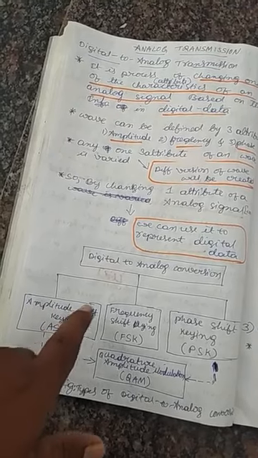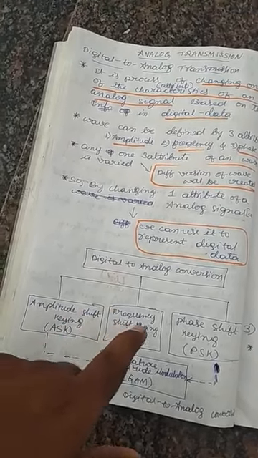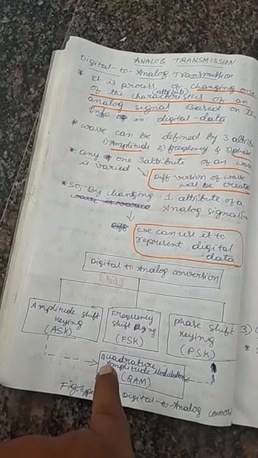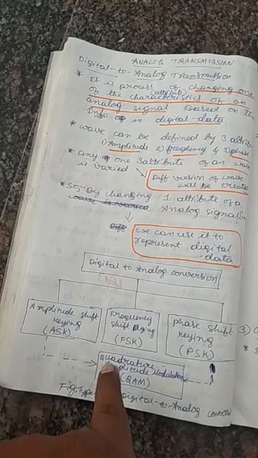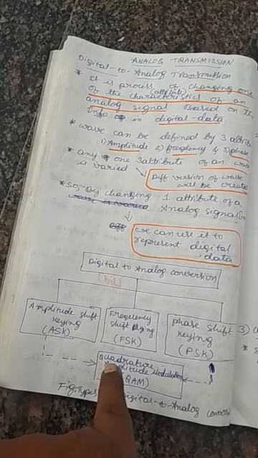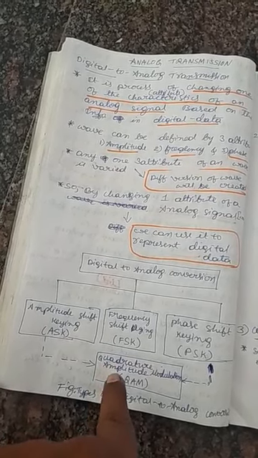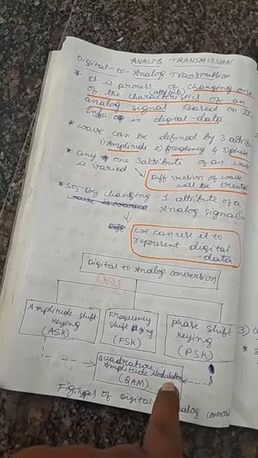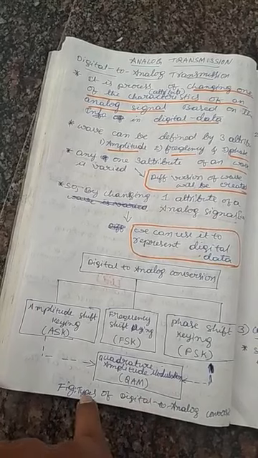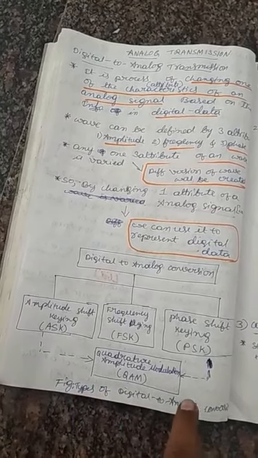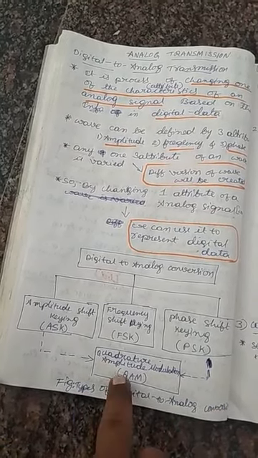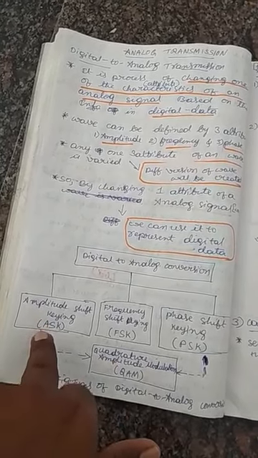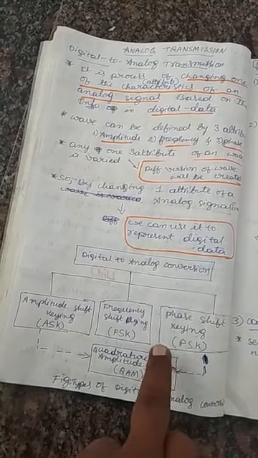Amplitude shift key, frequency shift key, phase shift key, and quadrature amplitude modulation. These are 4 types of digital to analog conversion. This QAM is a combination of ASK and PSK.